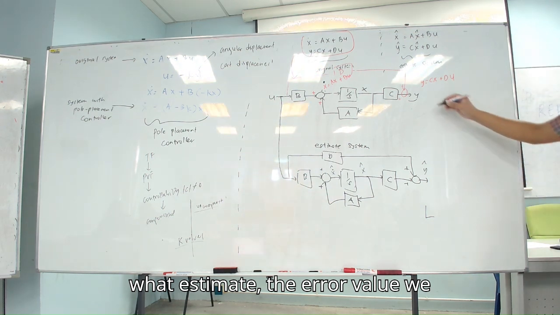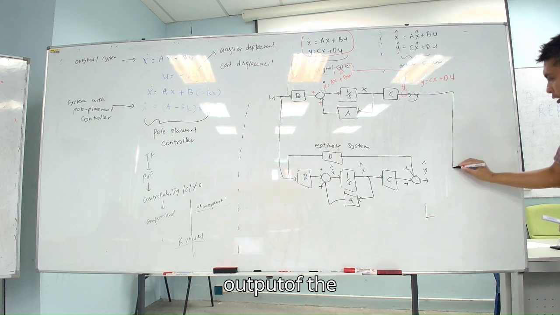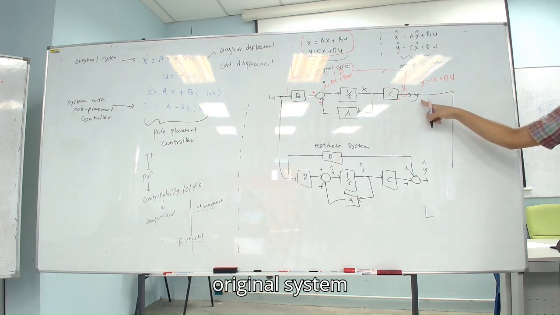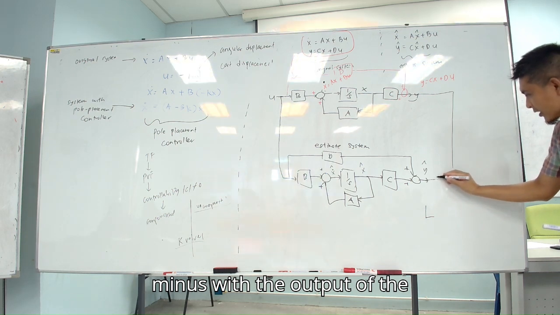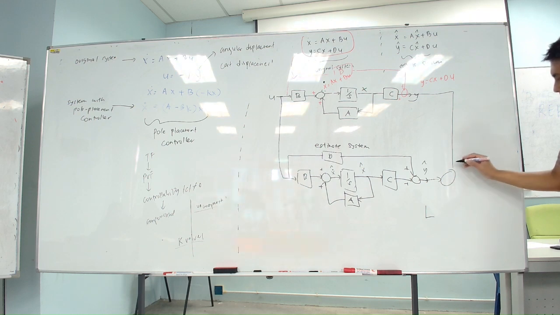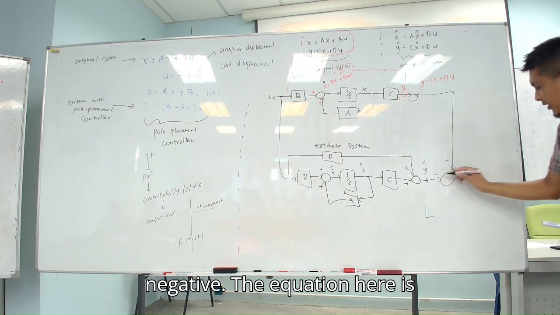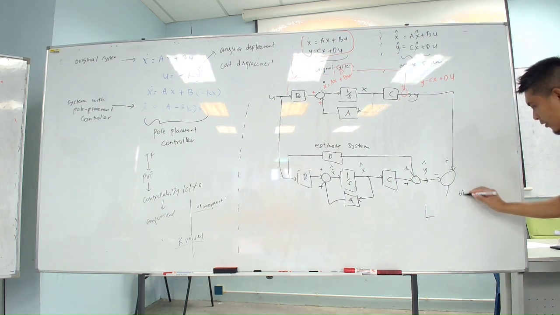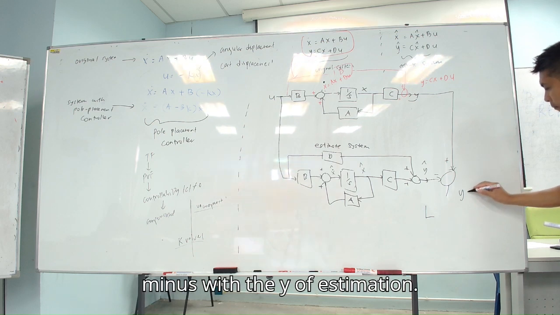The error value we can get between the output of the original system minus the output of the estimate. So this is positive, this is negative. The equation here is y of the original system minus y of estimation.